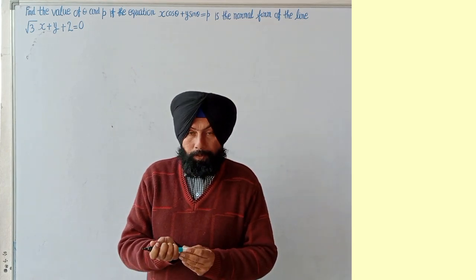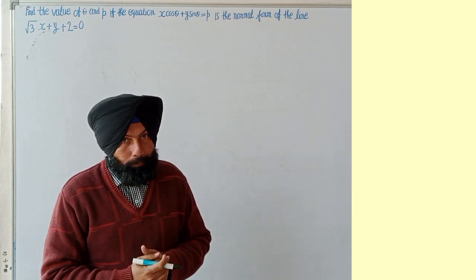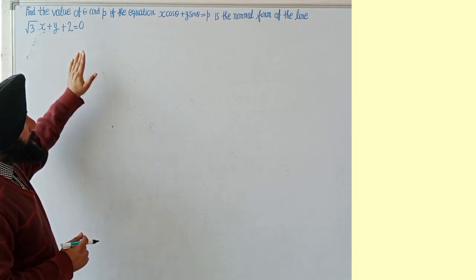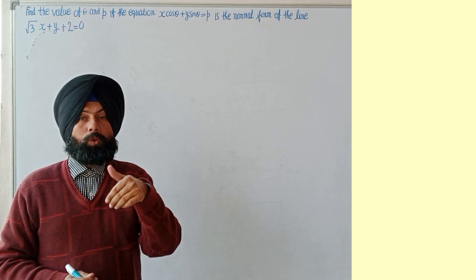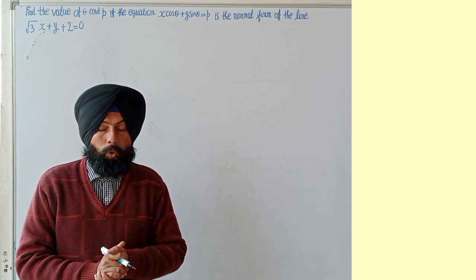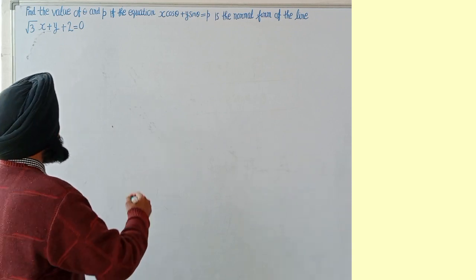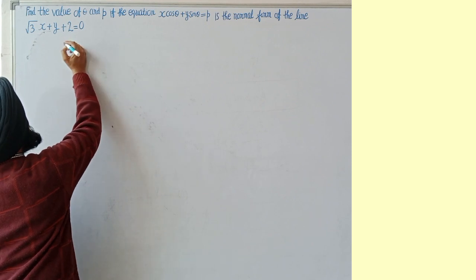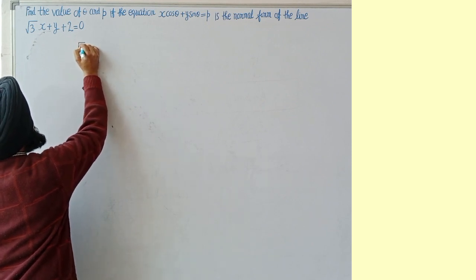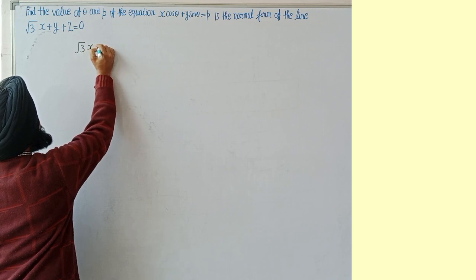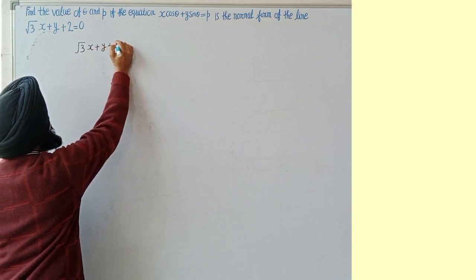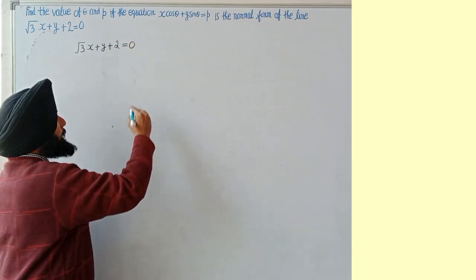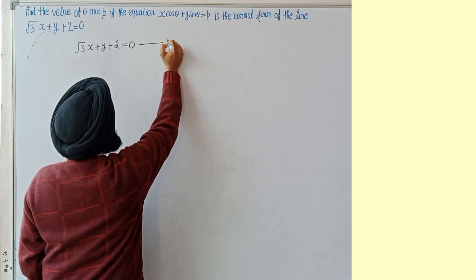So again we will use the same step. We will divide this equation by the square root of the coefficient of x square plus coefficient of y square. So given equation of line under root 3x plus y plus 2 equal to 0. I consider this equation 1.